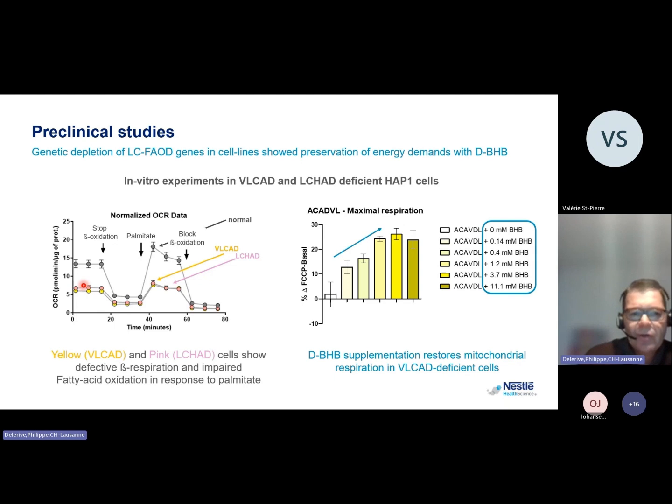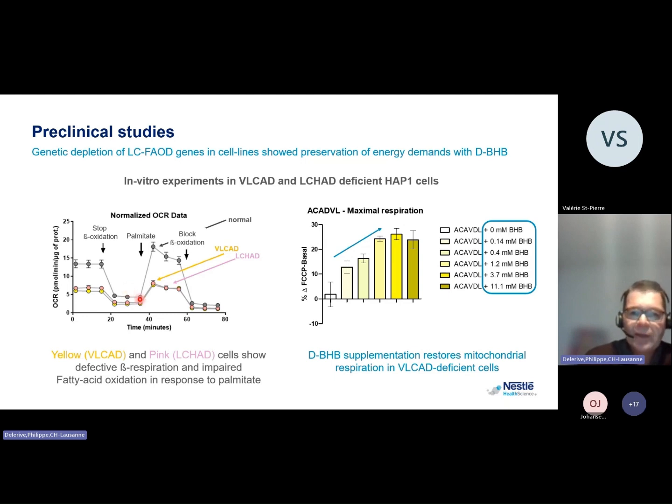On the left-hand side is a respiration assay where you measure oxygen consumption rate. You see that basal respiration goes down, as you would predict, in the VLCAD- and LCHAD-deficient lines. If you put them under palmitate conditions, palmitate increases respiration as expected, but to a much lesser extent in both VLCAD and LCHAD.